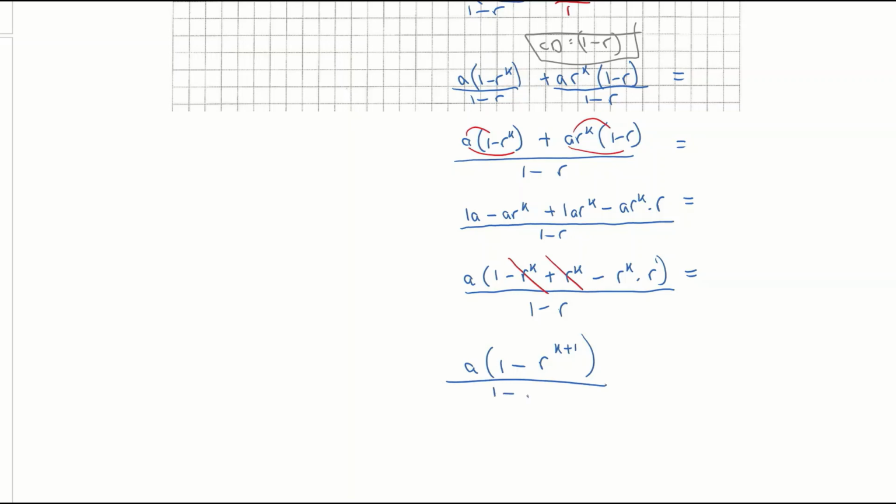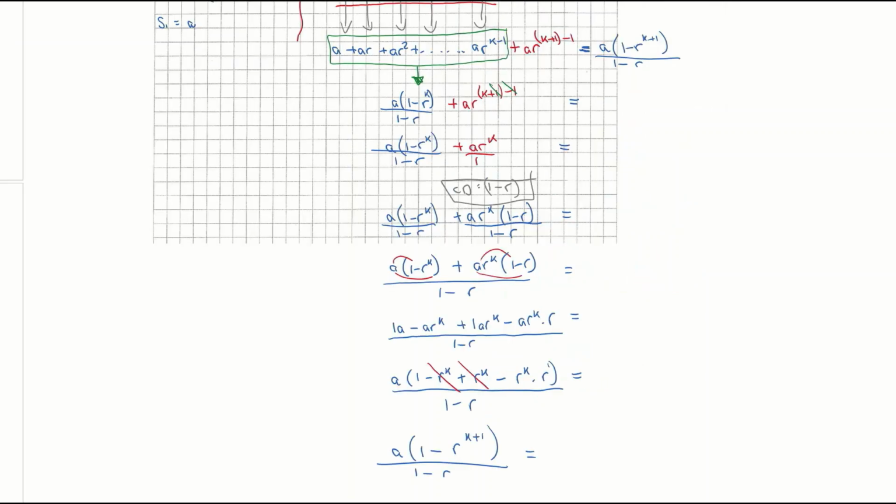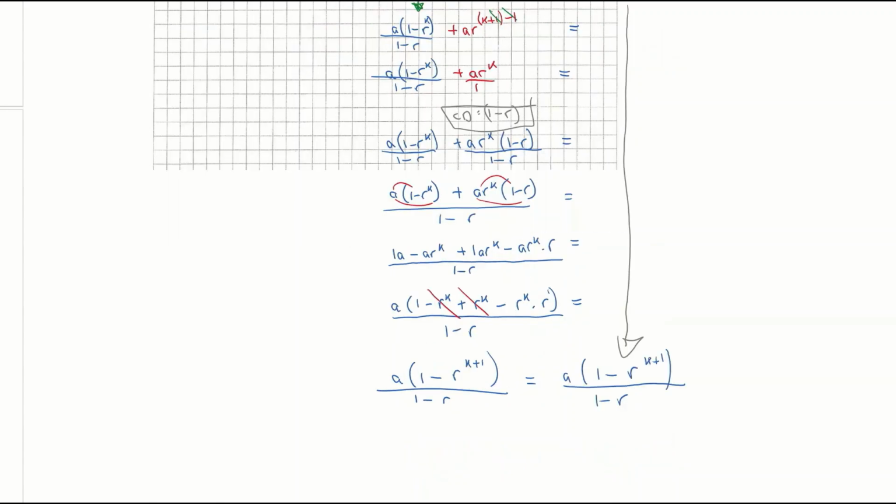All over 1 minus r equals. And you can hopefully see that we are done, because what were we trying to prove? The aim here was to get it equal to this, which is a times 1 minus r to the k plus 1 all over 1 minus r. And you can see that I now have the same on the left and the right of the equals.